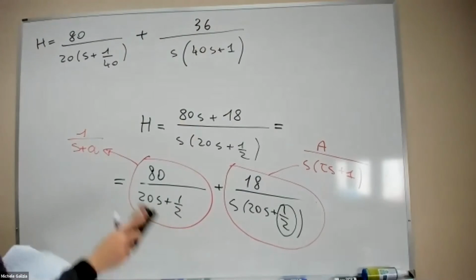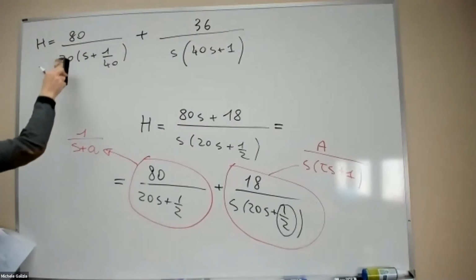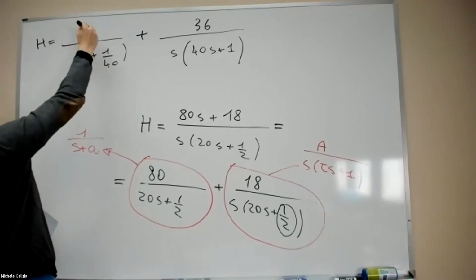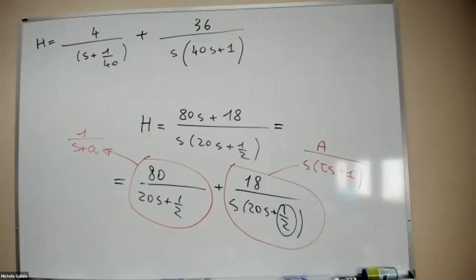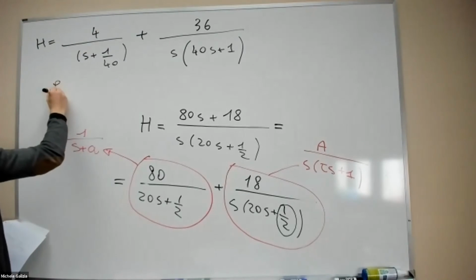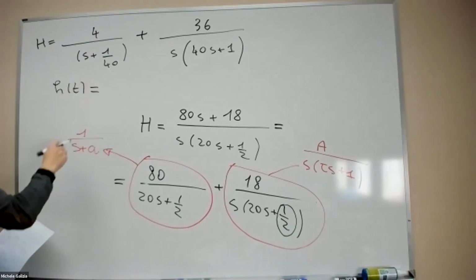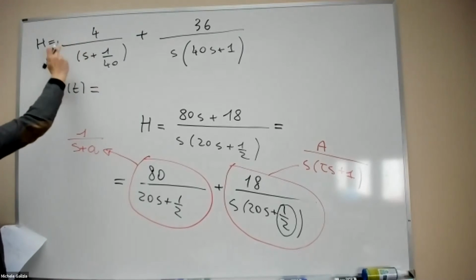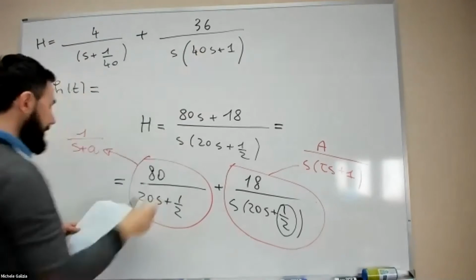And 80 divided by 20 is equal to 4. So now I can really anti-transform immediately: the anti-transform of this term plus the anti-transform of this term.